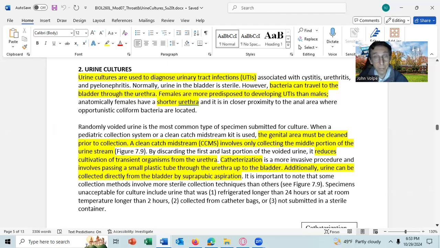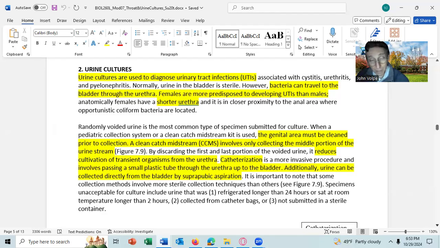Females are more predisposed to developing a urinary tract infection than males, and that's simply because they have a shorter urethra. The lower region of the urethra is colonized by bacteria, but the upper regions of the urethra and the bladder are colonized with much less bacteria.